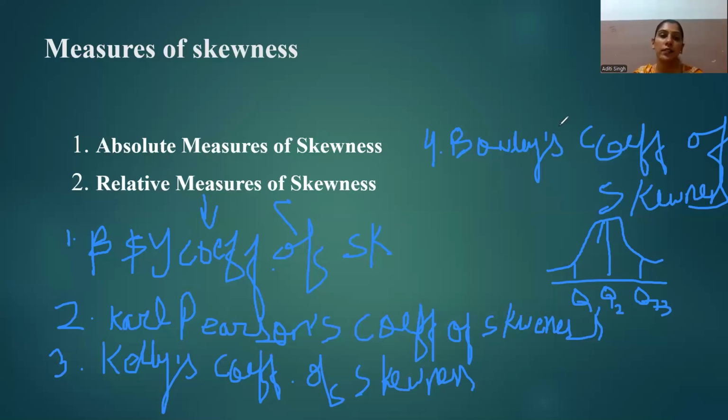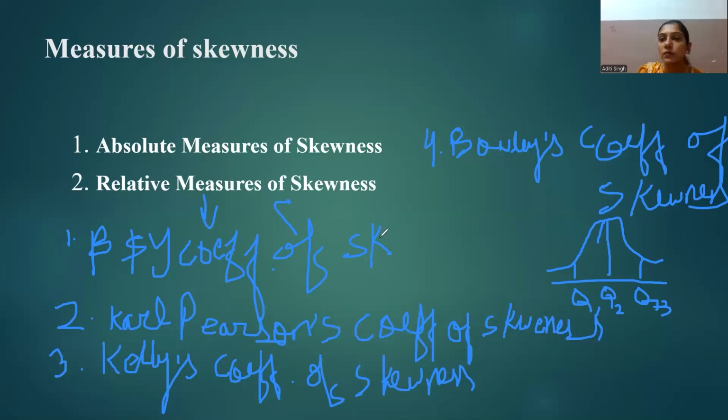If the distances of the first quartile and the third quartile from the median are the same, then the skewness does not exist. Similarly, if the first and ninth deciles are at equal distance, and the first and 99th percentiles are at equal distance from the median, then there is no asymmetry.